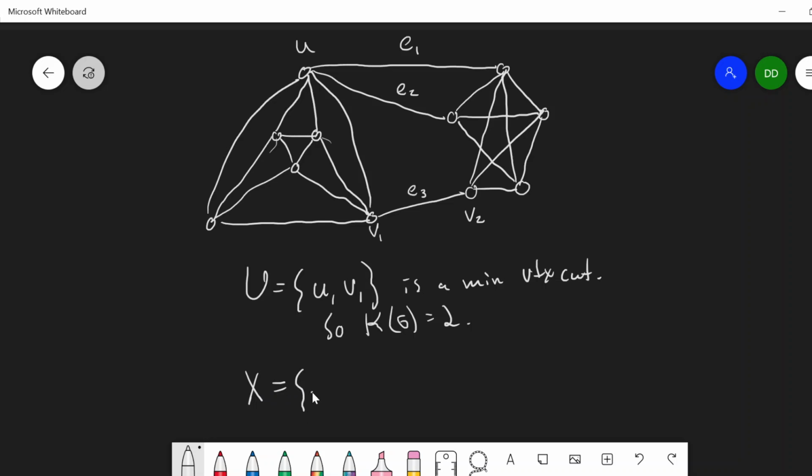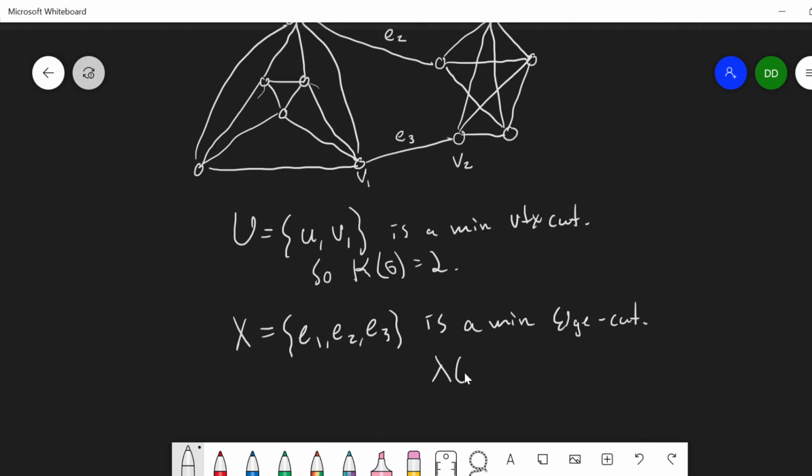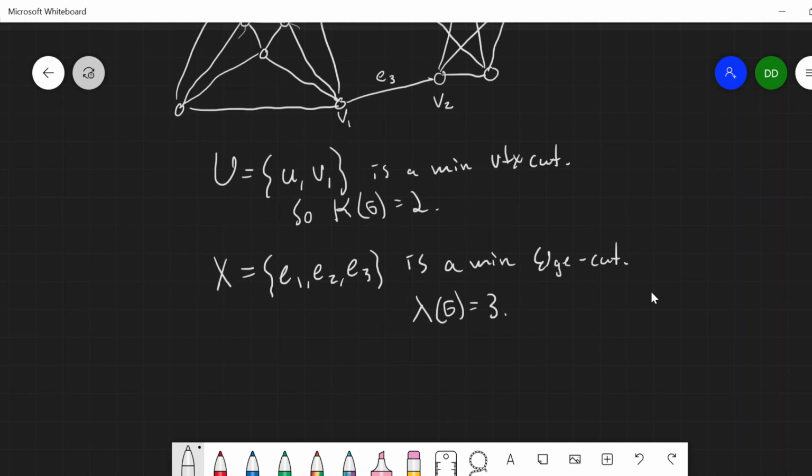So X equal to {e1, e2, e3} is a minimum edge cut. And so lambda of G, the edge connectivity, is equal to 3. And so the point here is that the inequality in Whitney's inequalities can be strict.